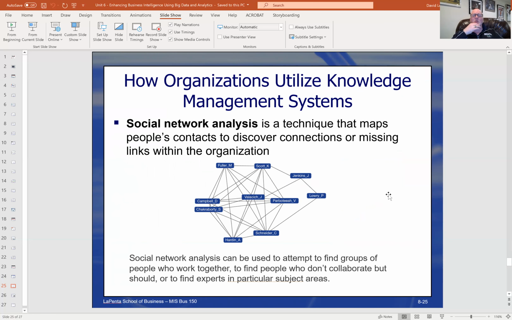So what these knowledge management experts do is they come up with a social network analysis. They're almost like these little neural networks of knowledge management. And it actually plots out where the expertise resides and who has it and who's working with whom. This is a big part of sort of human capital consulting.